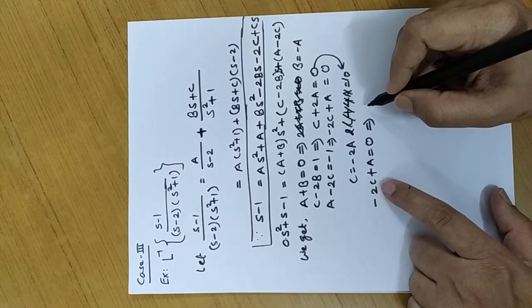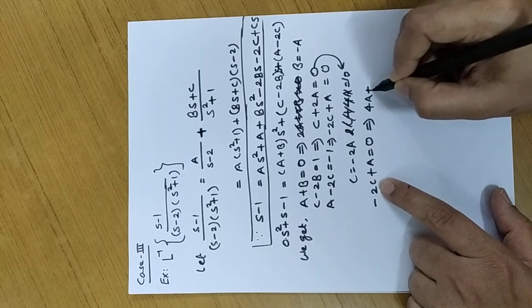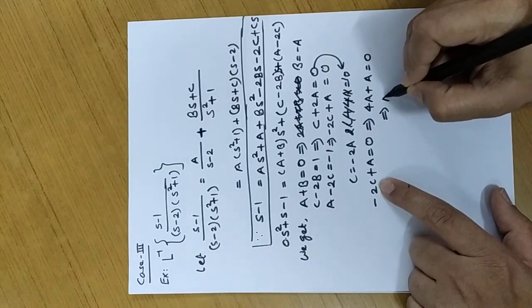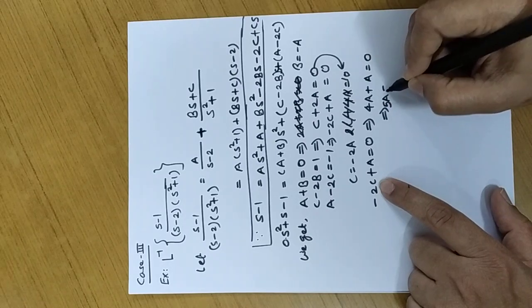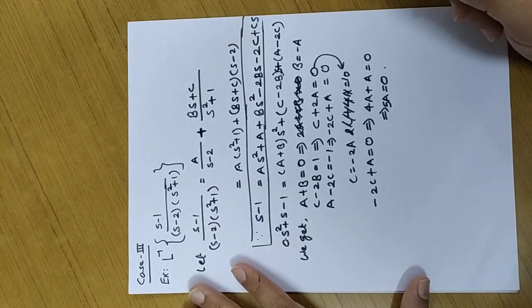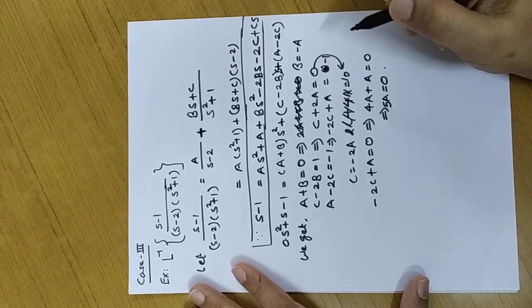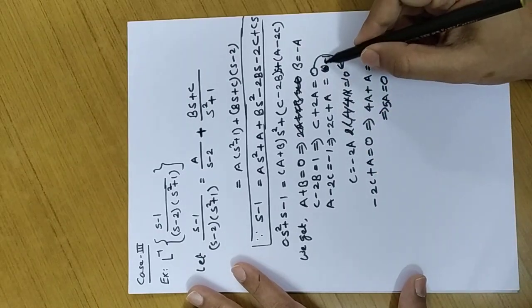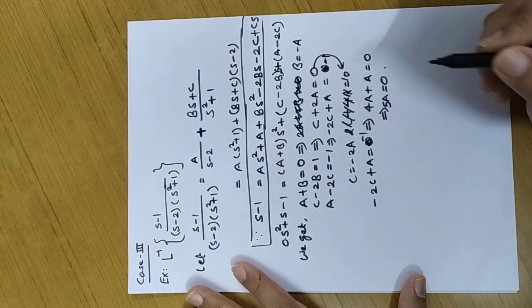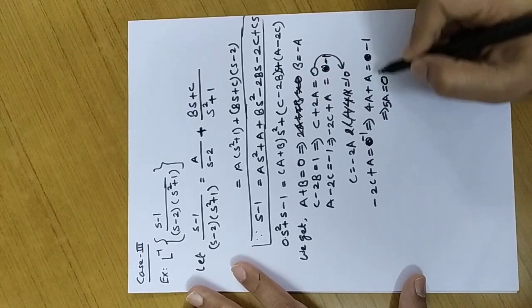So this will become plus 4A plus A is equal to minus 1. I made one mistake over here: this is not 0, this is minus 1.